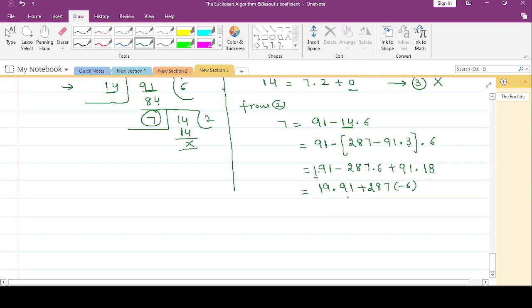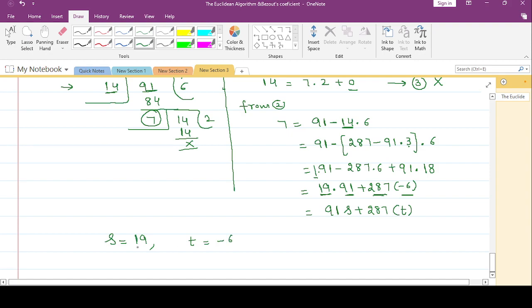You see what your given numbers are. My given numbers in this question are 91 and 287. Write 91 and take the other number, 287, and write it as T. So the S value is 19 and the T value is minus 6.